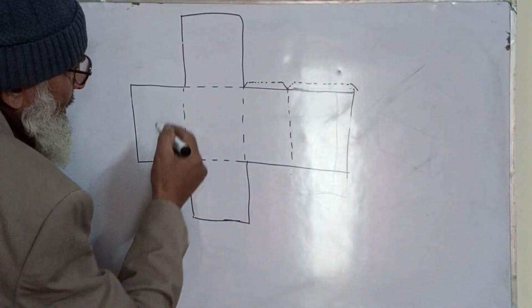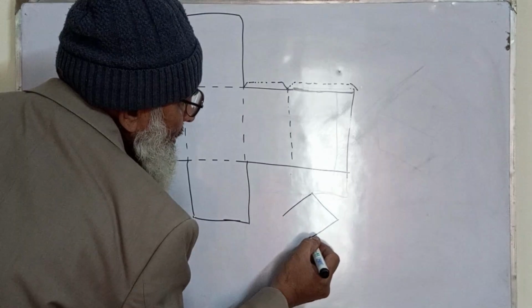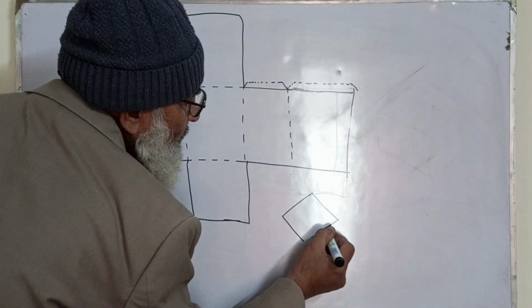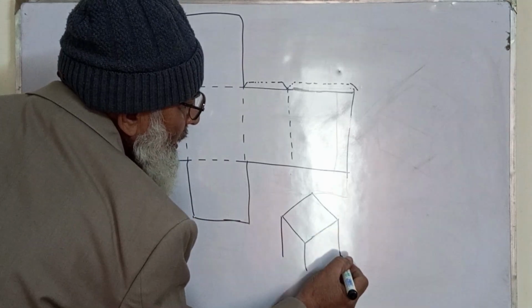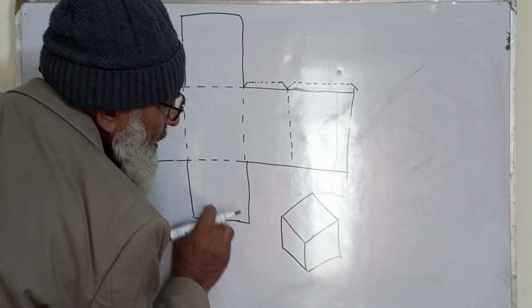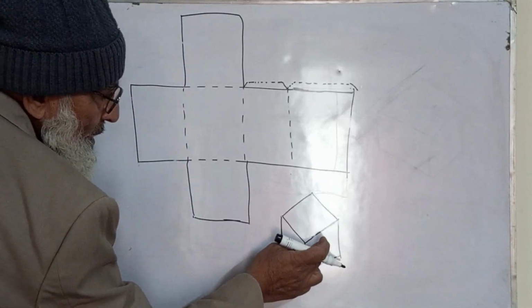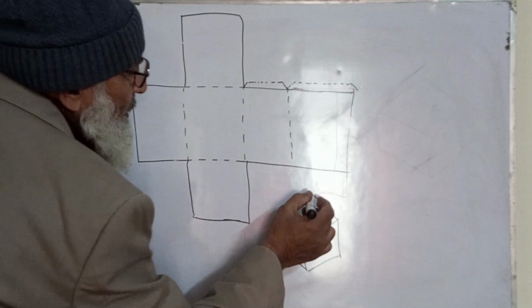Now, my dear students, let me make the cube out of it. So this is a cube. Now this very figure is called an isometric cube. There are three faces which you can look at and three faces which are behind these three faces.